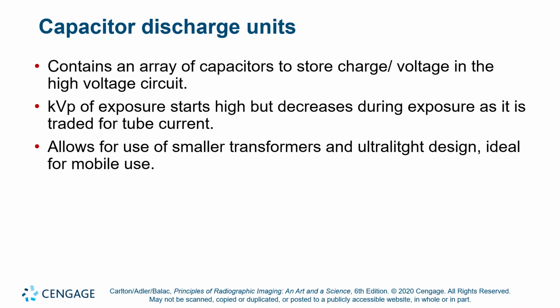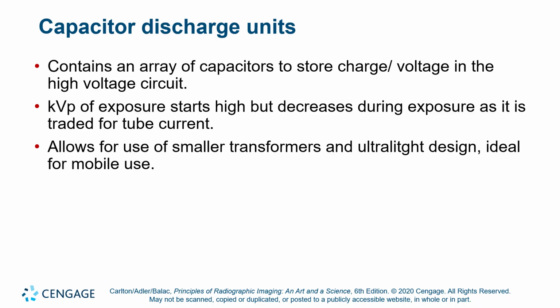I guess you could do a capacitor discharge unit that didn't have a step-up transformer at all. It just had a capacitor array. But the voltage is not really being generated by the transformer. It's really being accumulated over time. You plug this thing in, and then you can see the capacitor meter fill up, kind of like you're charging a battery.